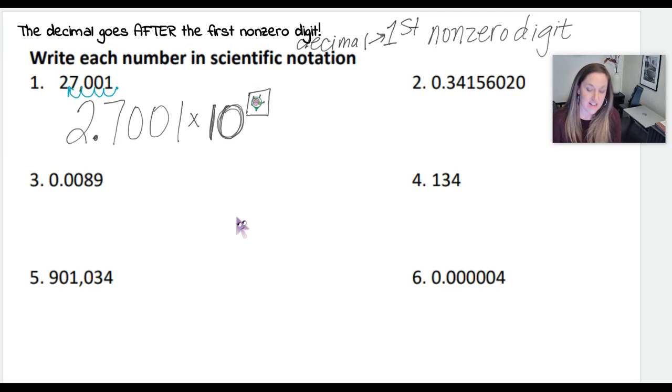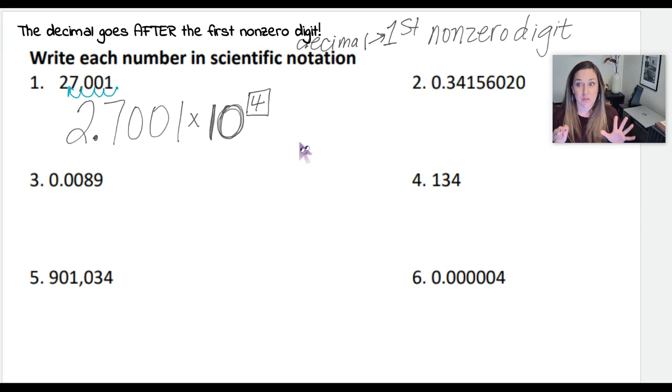Let me write it right here. So this becomes 2.7001 times 10 to the 4th power. So scientific notation will always have the decimal after the first non-zero digit, and it's always something times 10 to the something power.